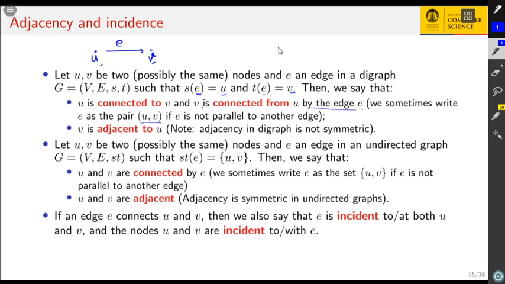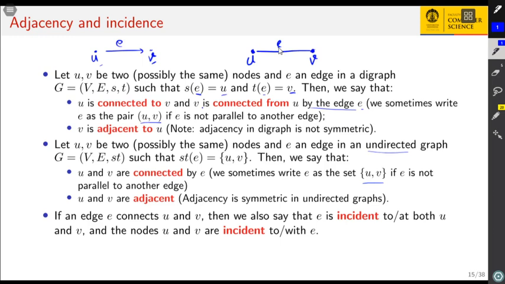Now in undirected graphs, however, we have a slightly different situation. If you have an edge E connecting U and V, then we say that U and V are connected by E. And we sometimes write E as the set containing two nodes U and V, if that edge is not parallel to another edge.